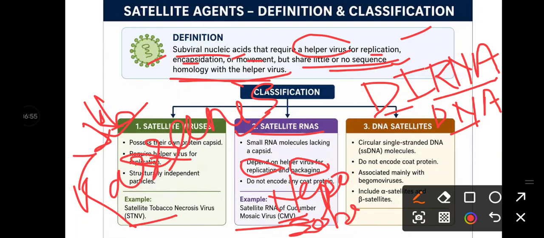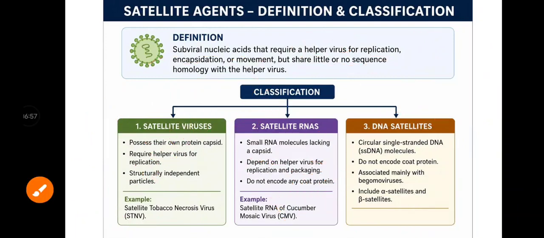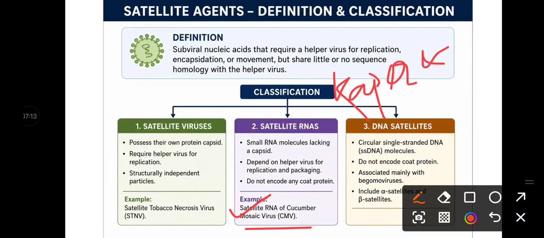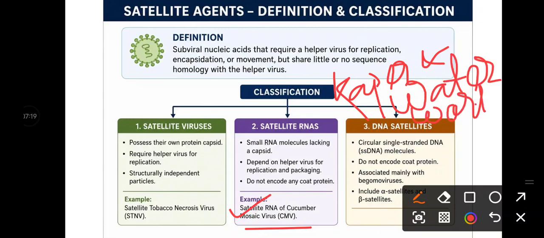And the first discovered satellite RNA is the satellite RNA of CMV. This was discovered by Kaper and Waterworth in the year 1977.